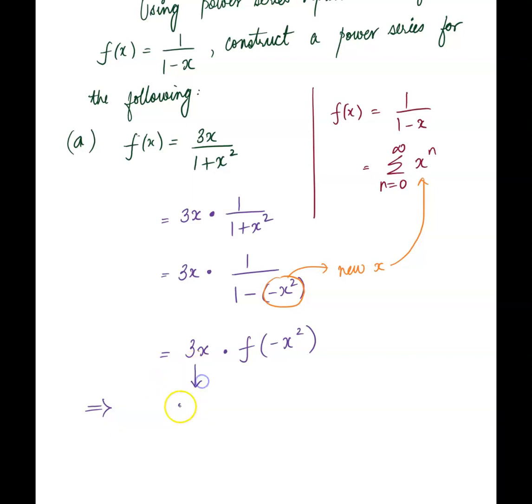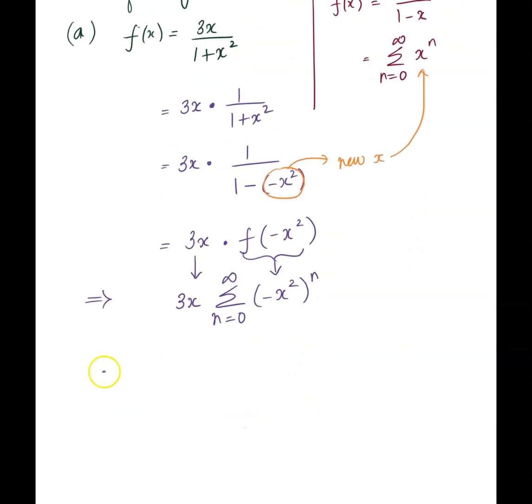This implies I'll keep the 3x, summation n 0 to infinity for this f of x. That's the representation as a power series. Does it make sense? So I want to bring the 3x inside the summation because that is how we denote it. So I bring the 3x here, negative x squared power n, right?